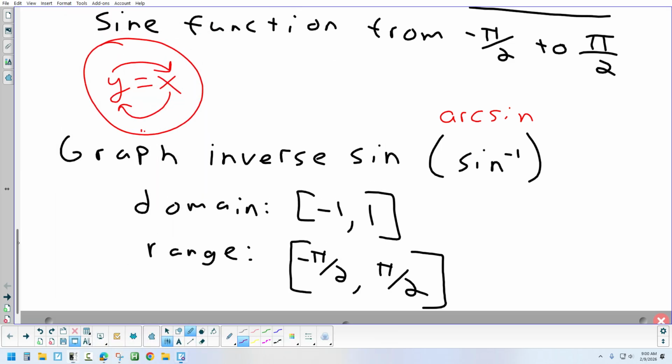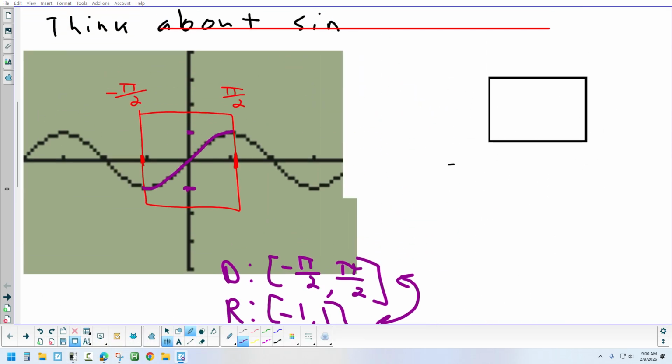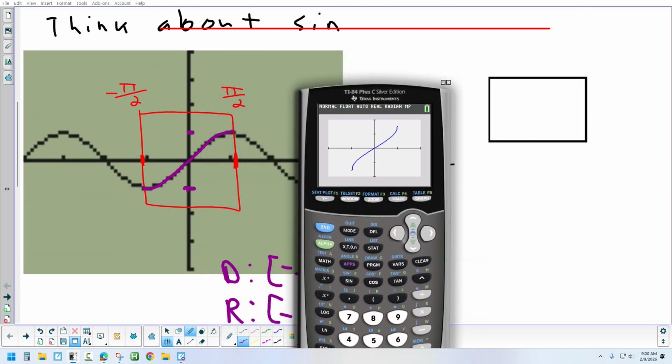So if we compare it to regular sine, notice that at the end of the function here, right at the edge of the box, the slope is starting to approach 0, starting to approach a horizontal. Same thing over here. Look at it in the inverse. What's the slope starting to approach when you get to the very edge of the inverse?